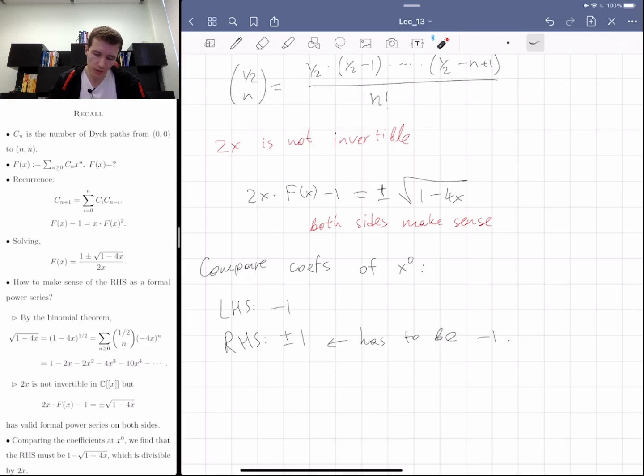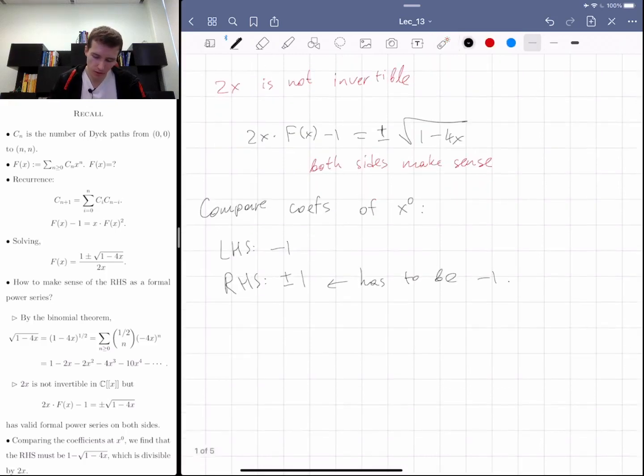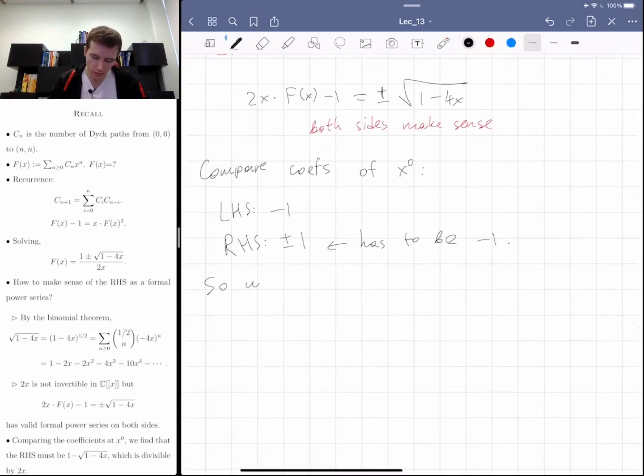Yeah. So our guess, so far we are only kind of guessing. Guess is that 2 times f of x minus 1 is equal to negative square root of 1 minus 4x.